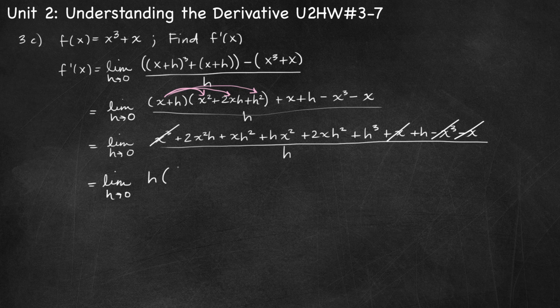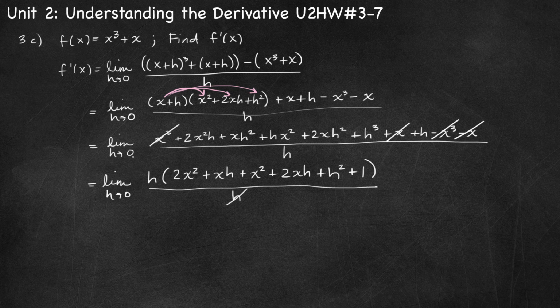Factor out an h, that leaves me with 2x squared plus xh plus x squared plus 2xh plus h squared plus 1, all over h, and then my h's cancel out.